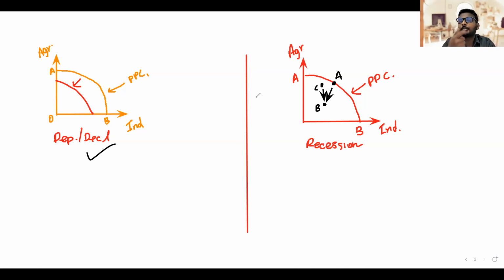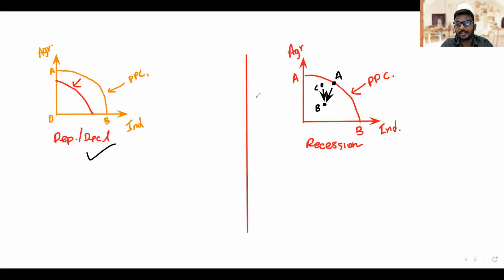So unemployment increases. That's what unemployment is. Resources are available, but they are not being used. That will increase. That's why people will lose their jobs. So production will drop. So recession will happen. But once the pandemic is over, resources are available, so the economy might expand again. So this is how your answer is supposed to be.